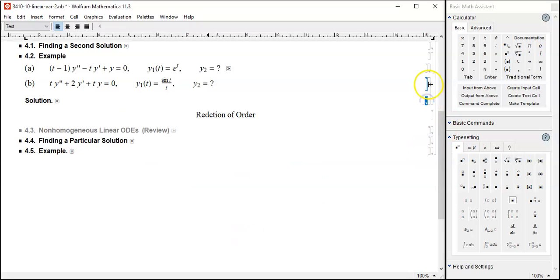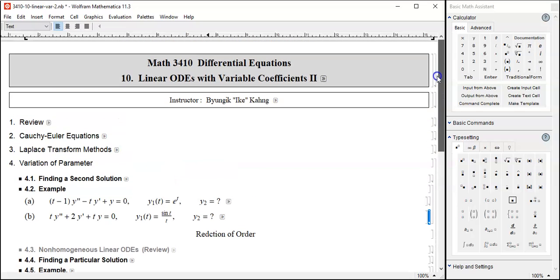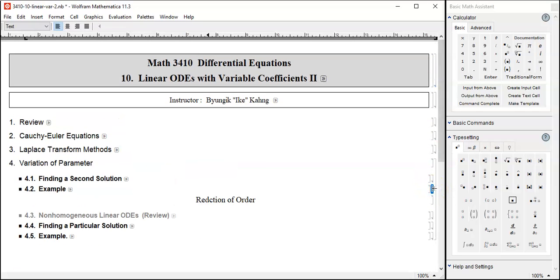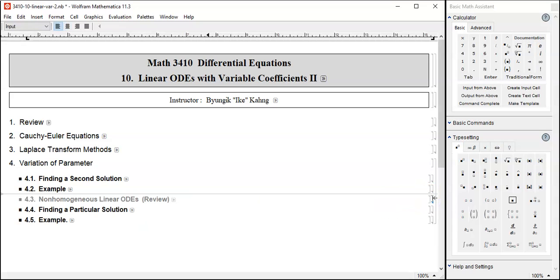It's an example of variation of parameter, but this is more typically called reduction of order. More people call variation of parameter the second example, as a matter of fact, but to me they're basically the same thing deep down, so I prefer to call both of them variation of parameter.